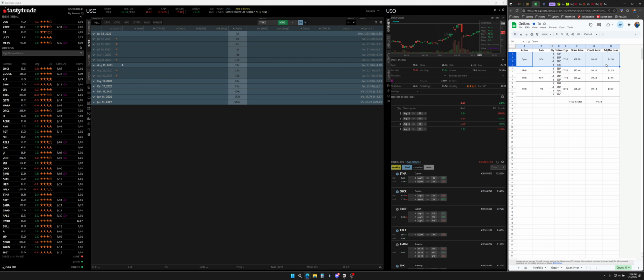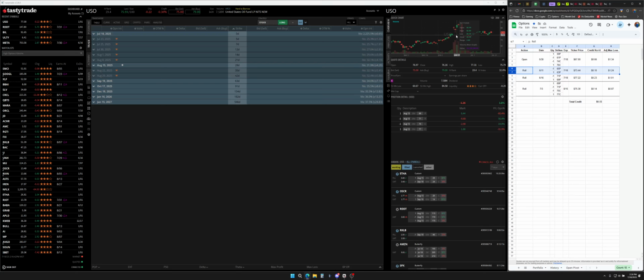So when I opened it, my credit received was 66. My max loss was 134. Oil moved against me, big old jump in oil. Not quite blowing past my short leg, but getting close. So then I rolled the puts, the untested side, up, collected a $10 credit for this, reducing my max loss to 124. Then oil had a huge jump around the 16th.